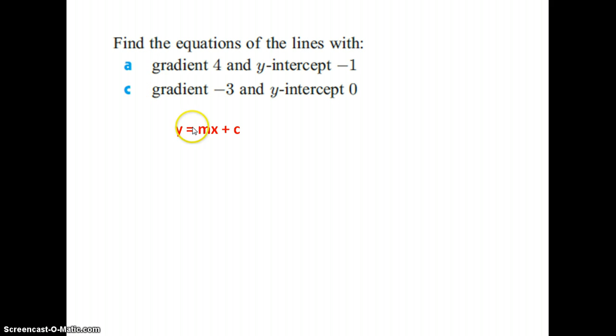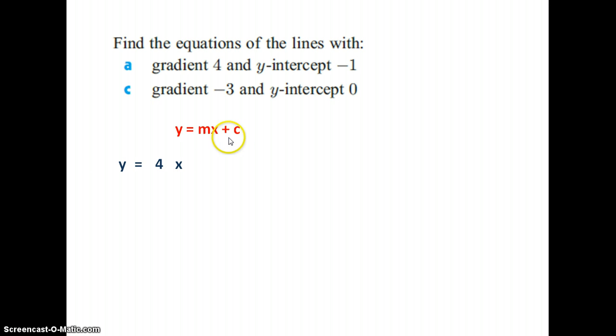Following the form, you have your y, and the next one is the equal sign. M, as we know, is the gradient, and you're given the gradient, which is 4, so you will have 4 there, and then x.